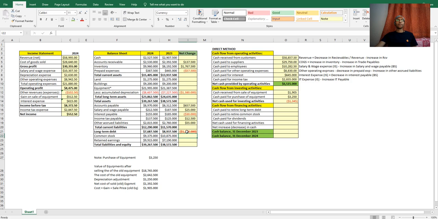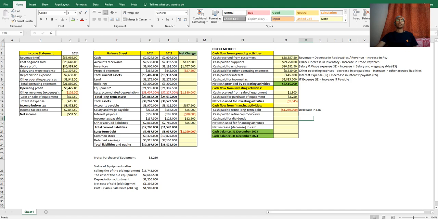There is a change here. So cash paid is equal to exactly this. So this is, we will write it here. This is decrease in long-term debt.